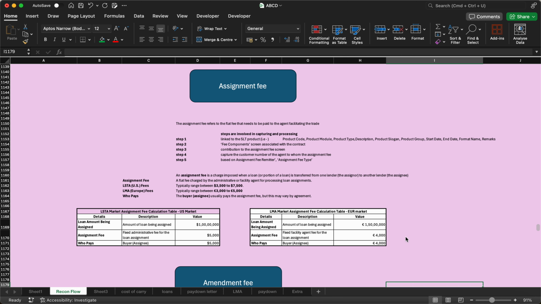Assignment fee is a charge imposed when a loan or portion of a loan is transferred from one lender to another lender.